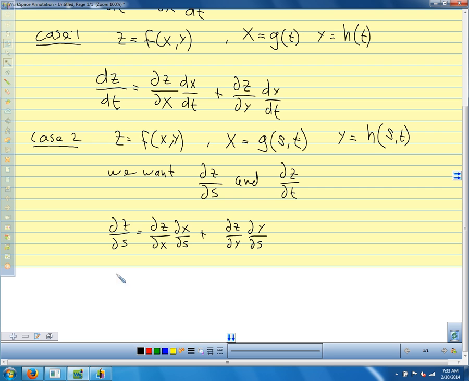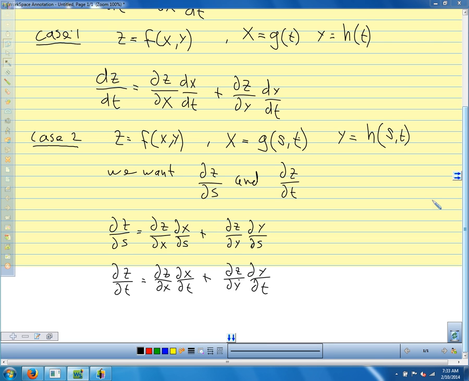And then the same thing for our partial with respect to t: ∂z/∂t is ∂z/∂x times ∂x/∂t plus ∂z/∂y times the partial of y with respect to t. So we apply case 1 to each of these separately.